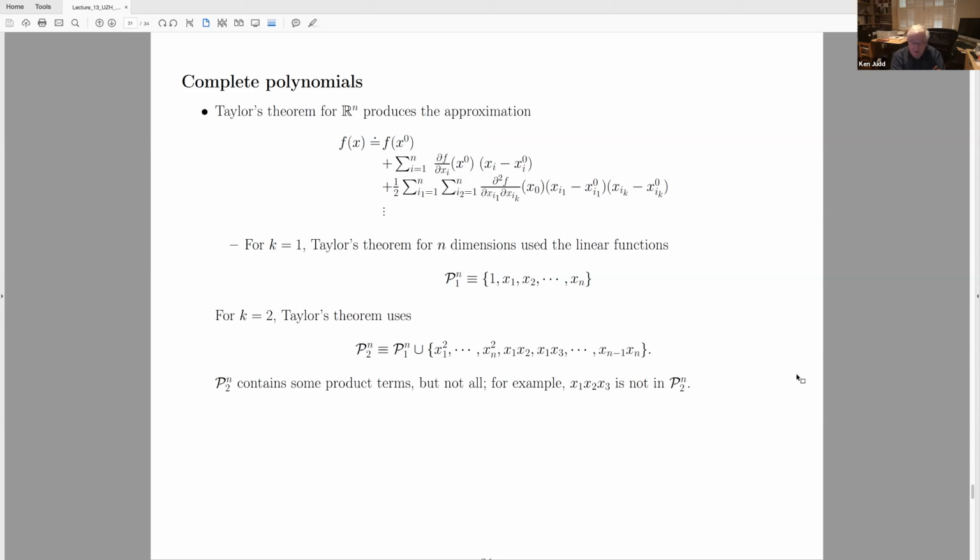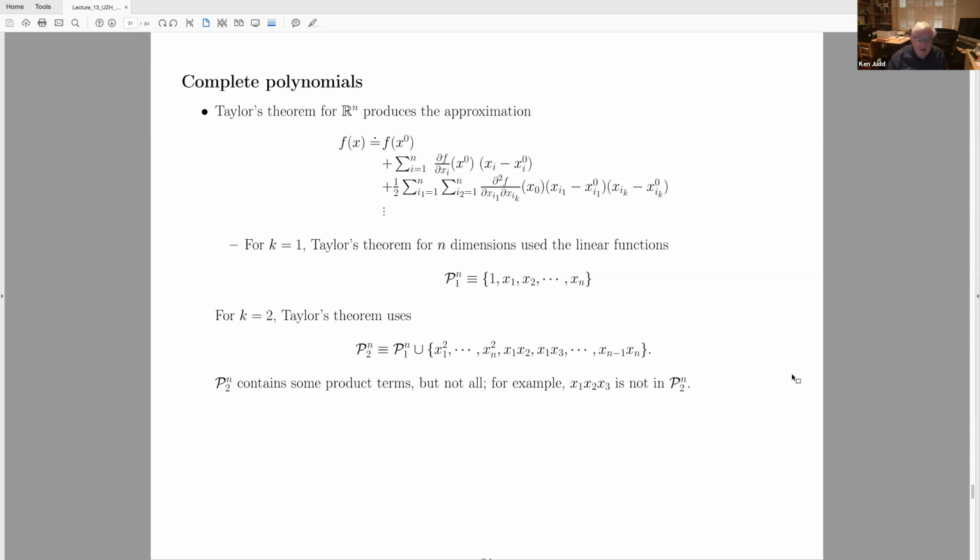Suppose you want to go to 10 dimensions, and you have 1,000,000. It just blows up badly on you. So if you're trying to do higher order approximations of functions in higher dimensions, you can't do tensor product.